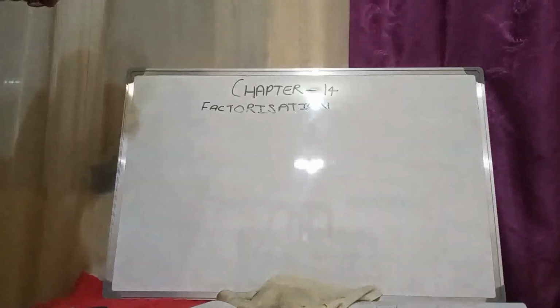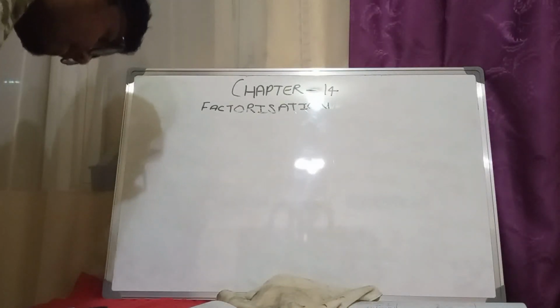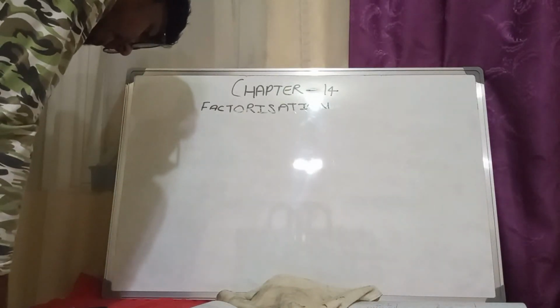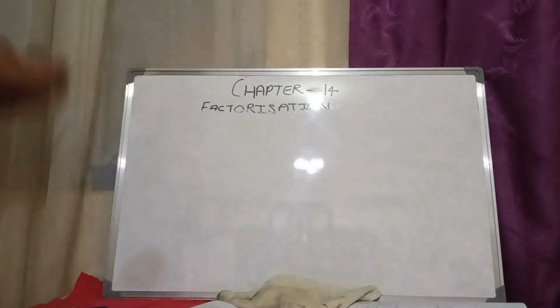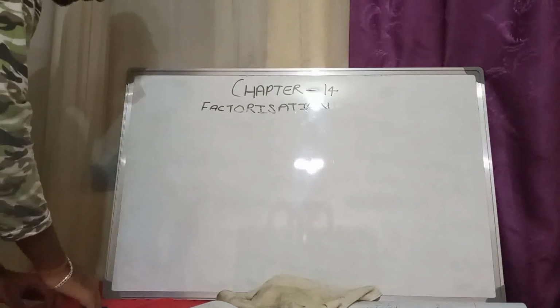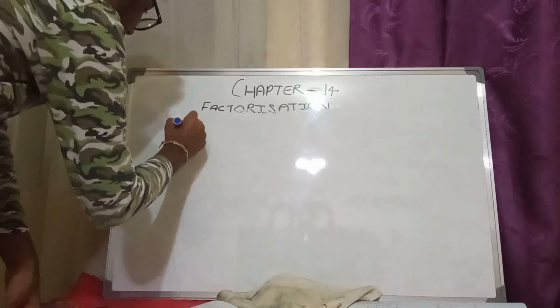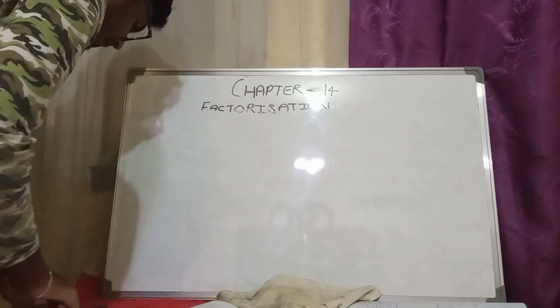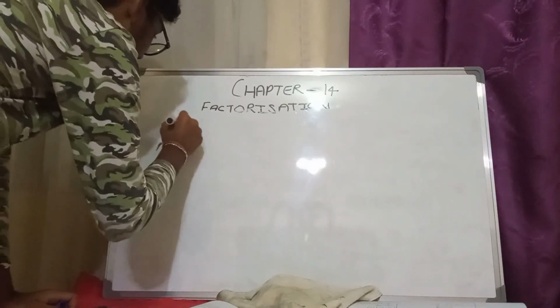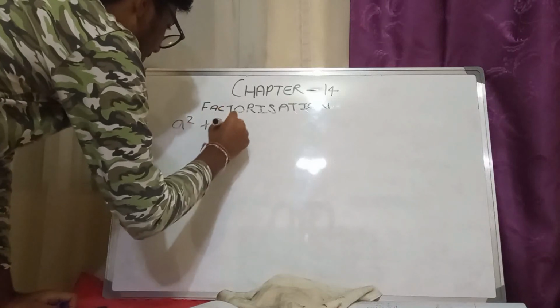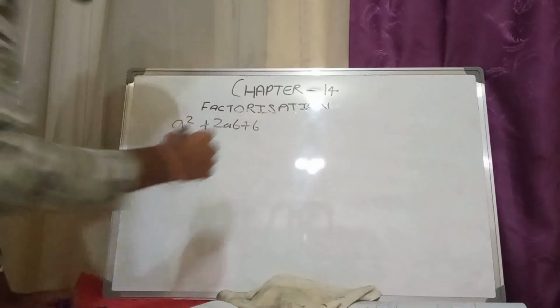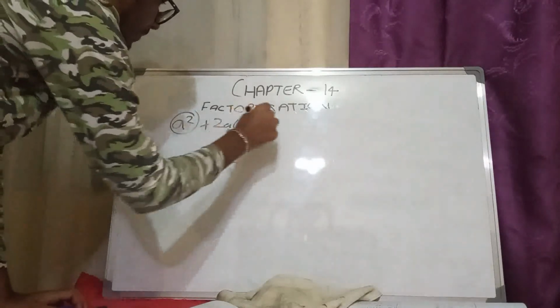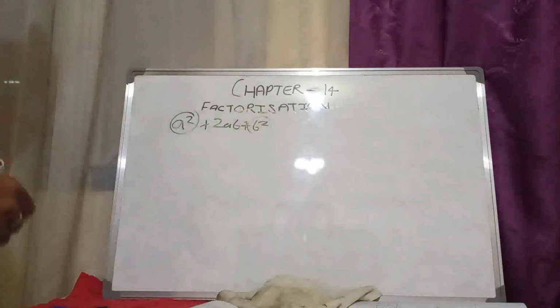Now, the sixth one is, make sure before applying any formula whether the formula is really applicable. That's what we have to know. For the first identity, that is a square plus 2ab plus b square, we can see that the first and the last terms are squares.